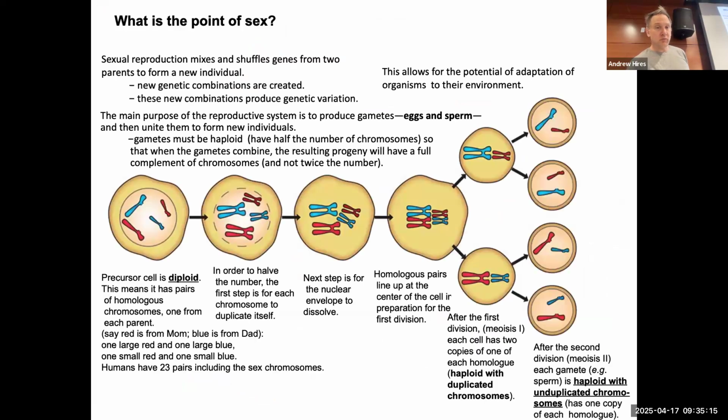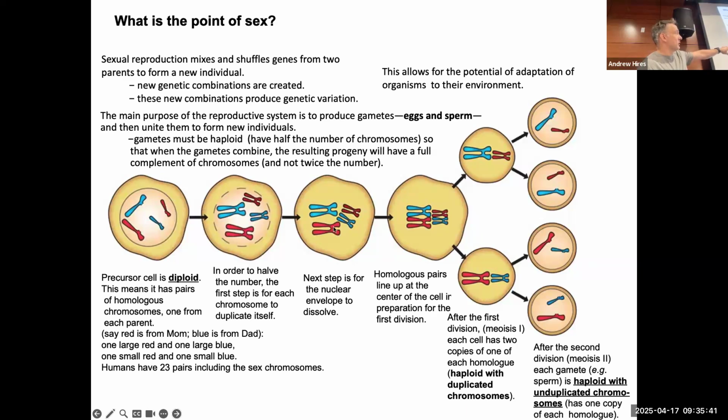In meiosis, we have a duplication. Here is a case where we have a diploid cell, but there's only one chromatid per chromosome. Then we duplicate the chromosomes. We're still diploid, but now we have duplicated chromosomes, meaning you have two identical chromatids attached to each chromosome.